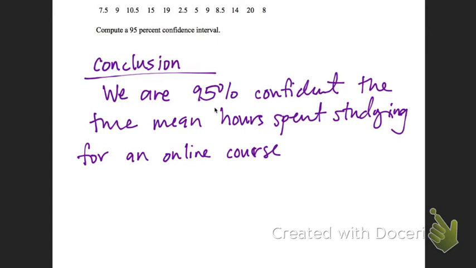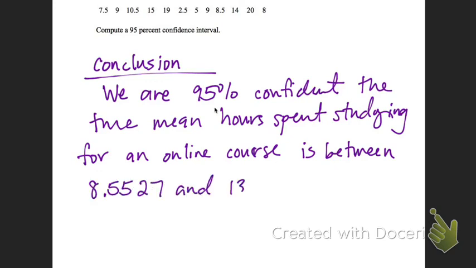You wouldn't say the last exam because that's past tense and we're making predictions about the future. Is between 8.5527 and 13.281 hours.